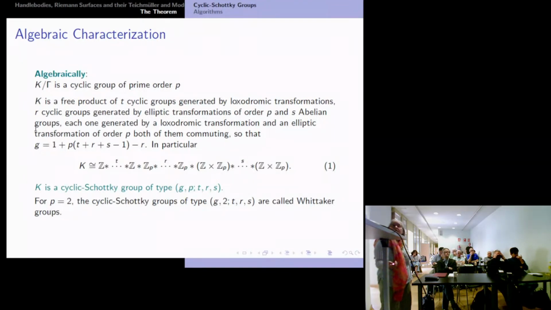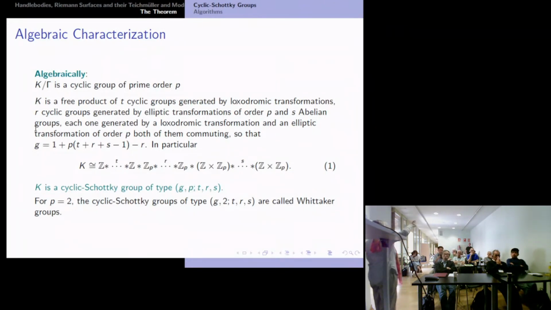We have T loxodromic elements, because of course we have to have the loxodromic ones there. Then we have R elliptic elements, which are of order P, given by the automorphism, right? And we also have the combination of a loxodromic and an elliptic, a rotation.